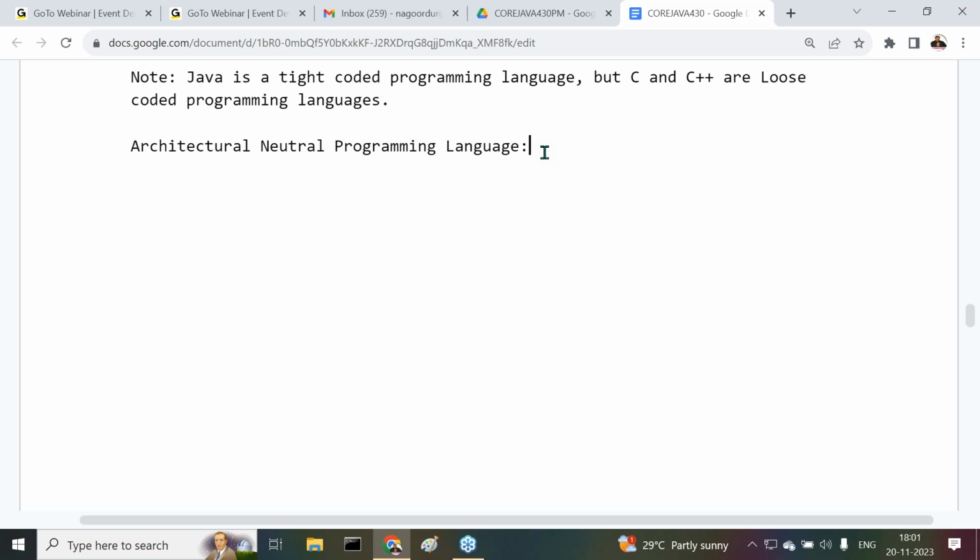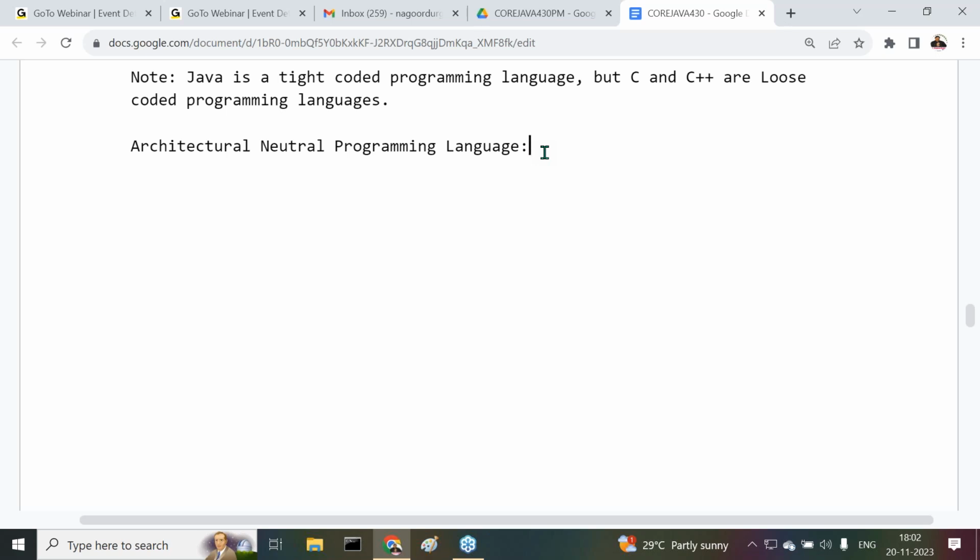If our programming language executes its applications on every hardware architecture, then definitely that programming language gets more demand outside. In this particular view only, Sun Microsystems wanted to prepare a new programming language. That's why they made the third feature: what is the third feature? Architecture neutral programming language.